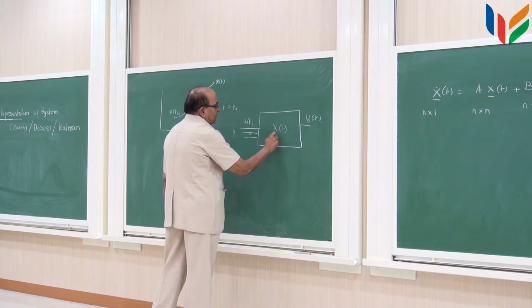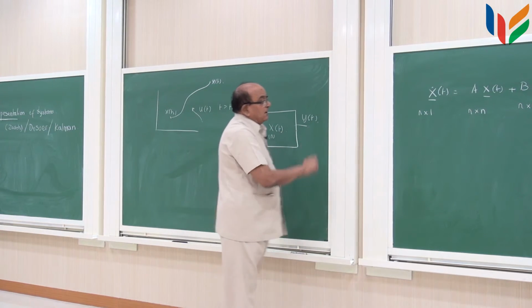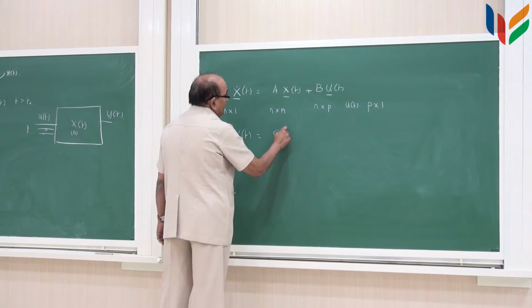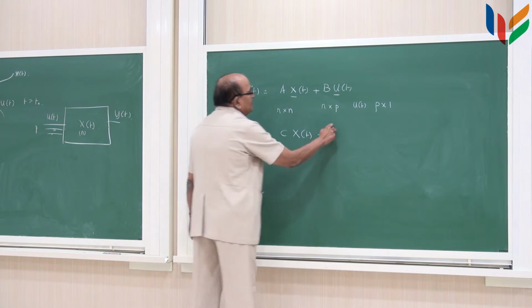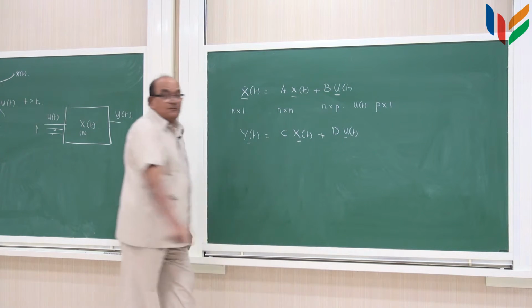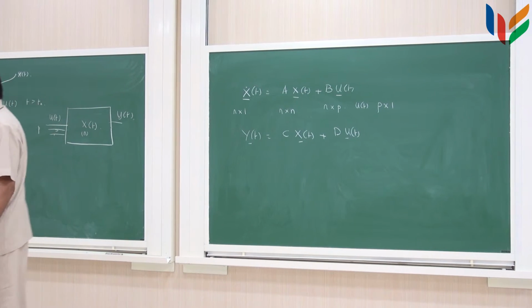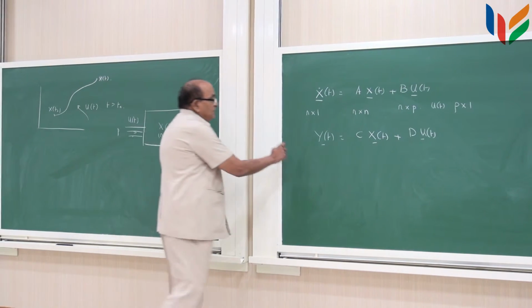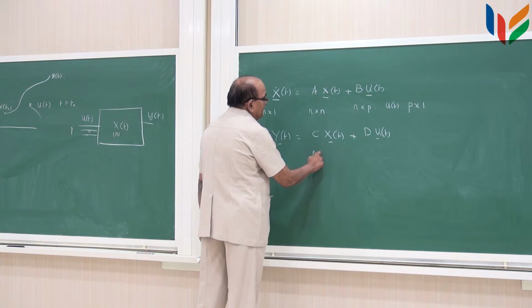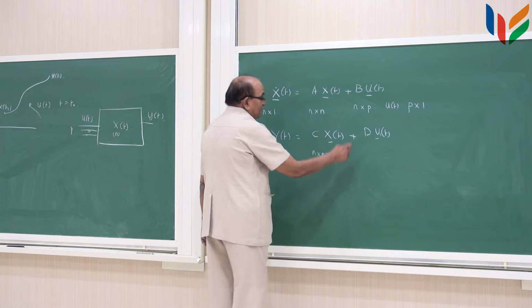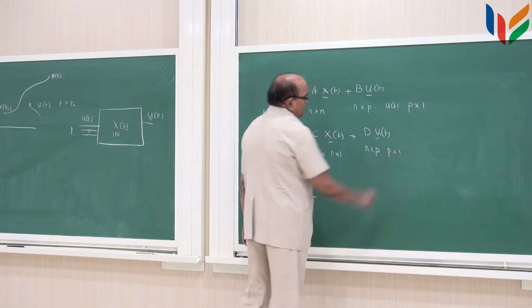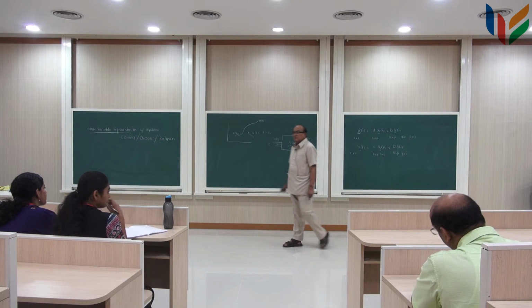These are the n number of state variables, and then y is the output equation, where the number of outputs may be some number, r by 1.